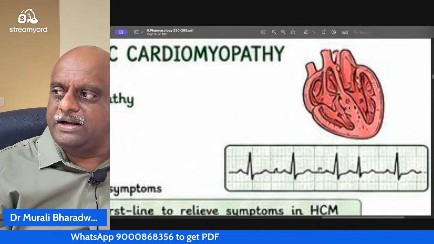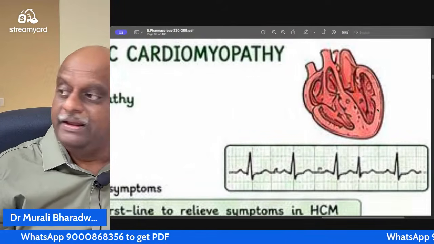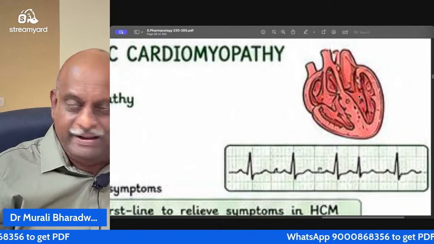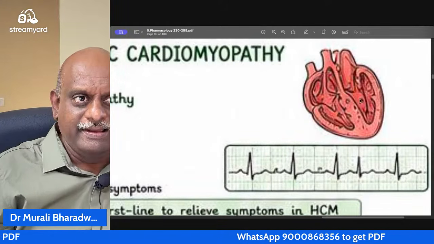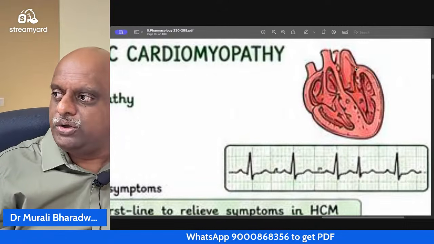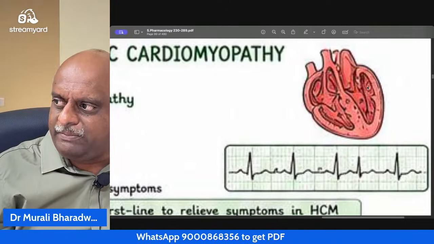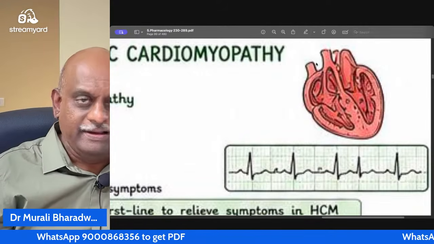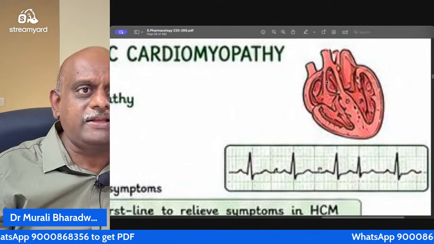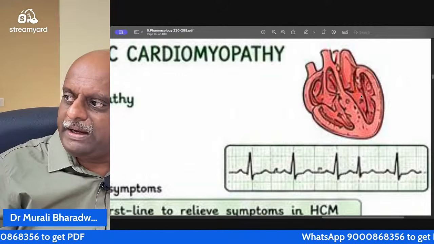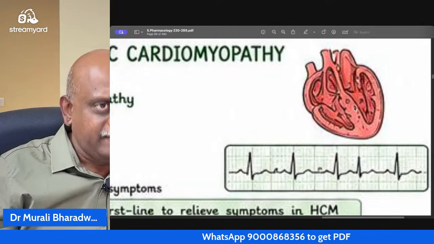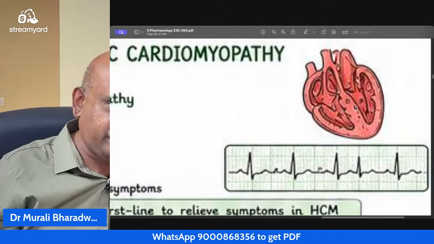The interventricular septum is hypertrophied. The anterior mitral valve leaflet is touching the interventricular septum, so when blood flows from atrium into ventricle and from ventricle into the root of the aorta, the left ventricular outflow tract is obstructed because of the touching of the anterior mitral valve leaflet with the interventricular septum.